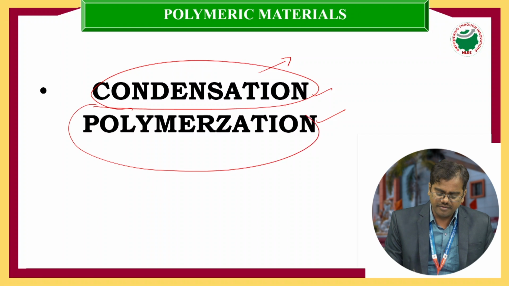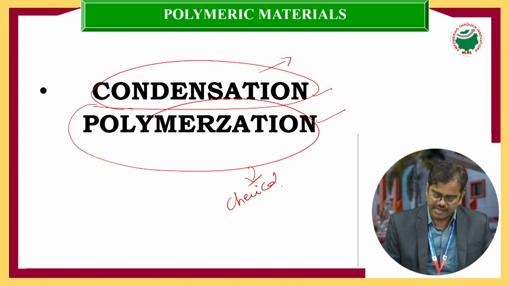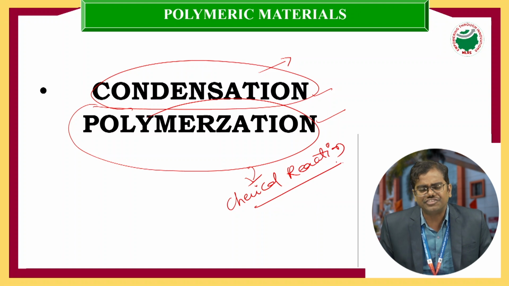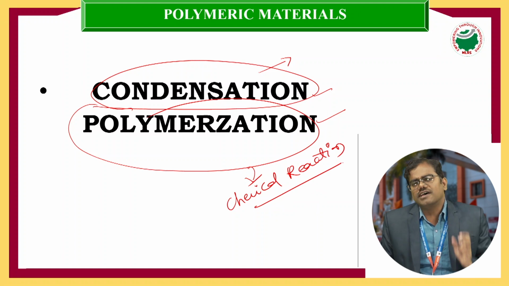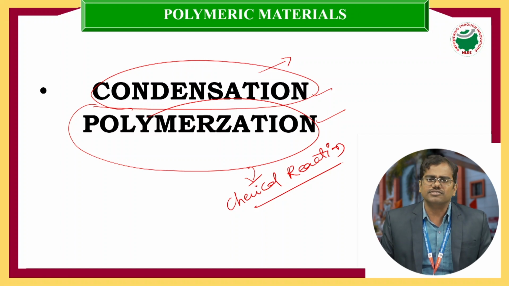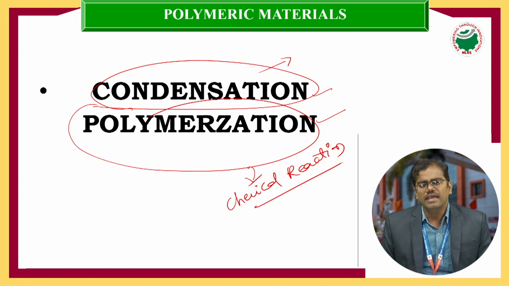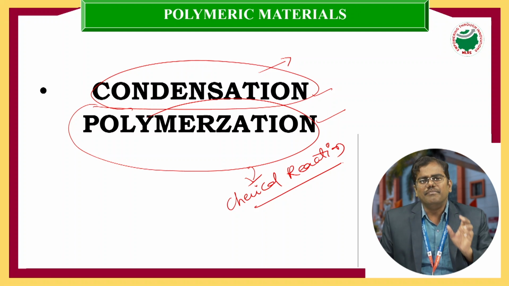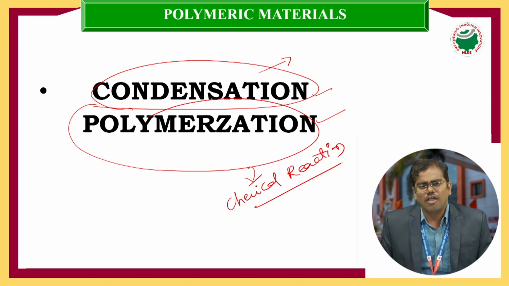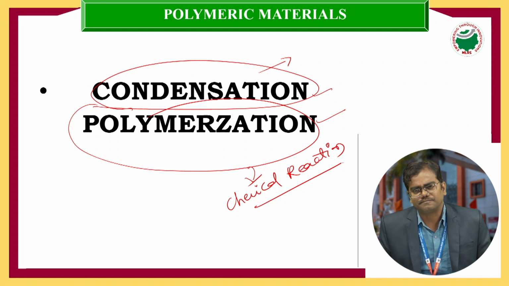Polymerization, as you know, is a chemical reaction in which the monomers are the same or different. And during the process of formation of a polymer, there will be a chance of elimination of smaller molecules, or without the elimination of smaller molecules.